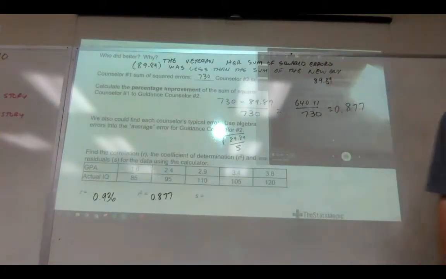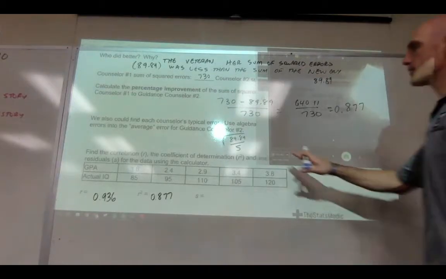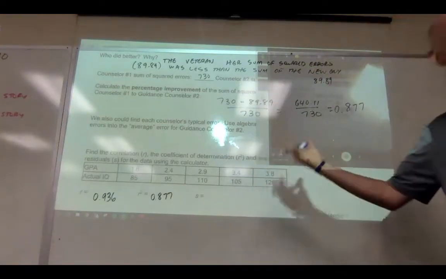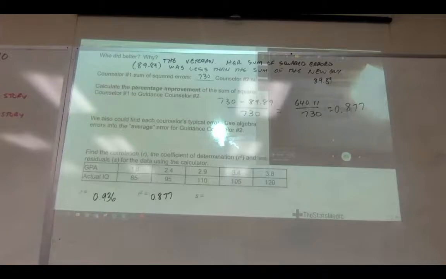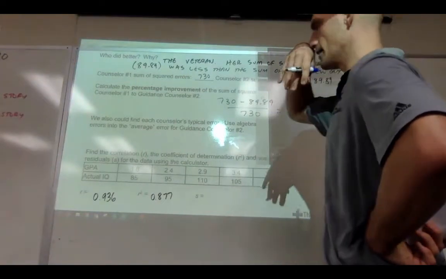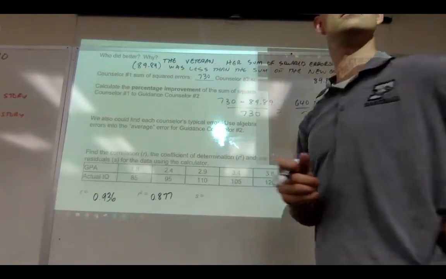So let's talk about the standard deviation here for just a minute. S stood for standard deviation, right? So let's take a look at this algebraically. It's asking you for the typical error. So how do we algebraically do that? Well, what does 89.89 represent?